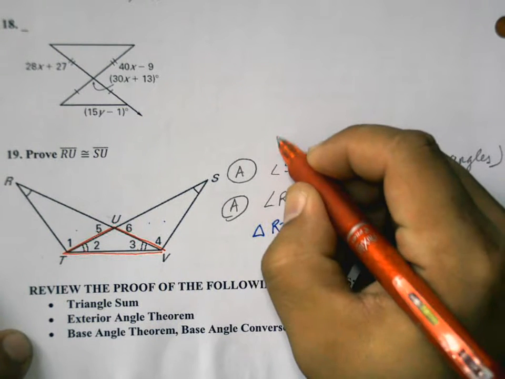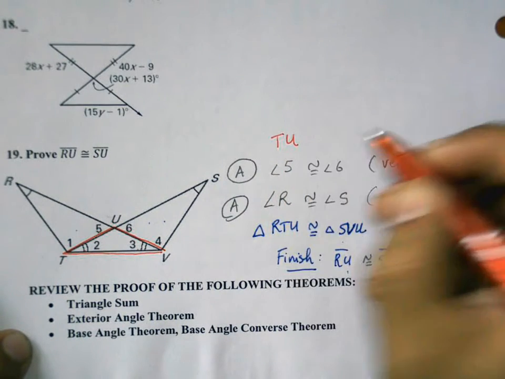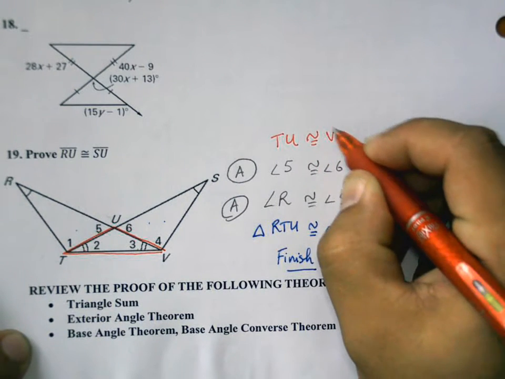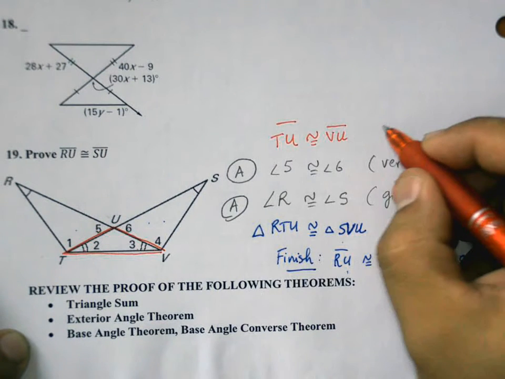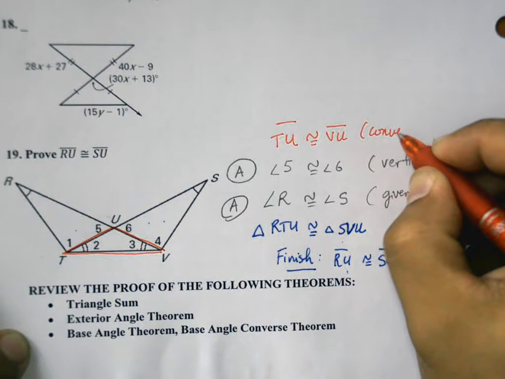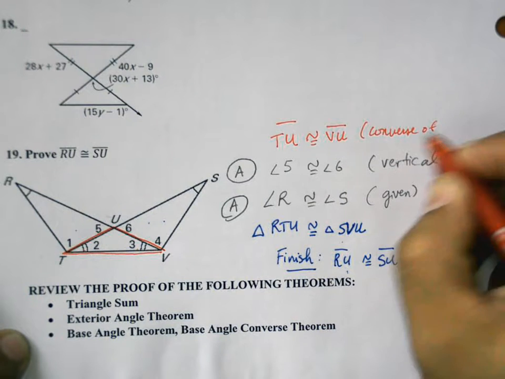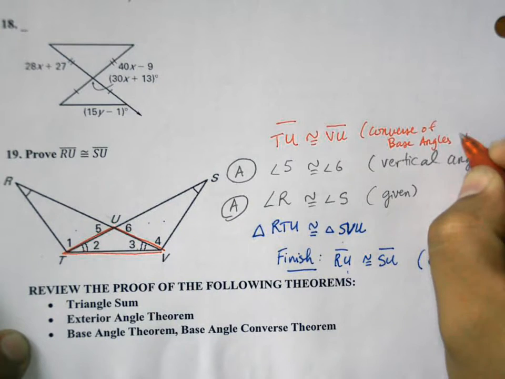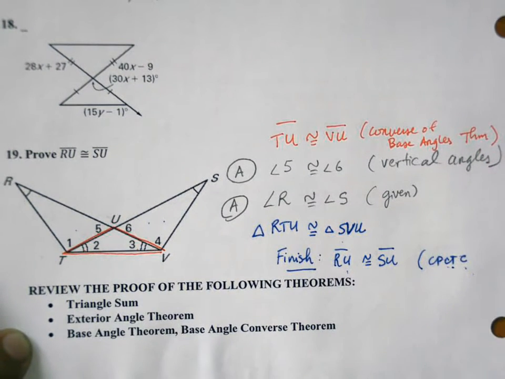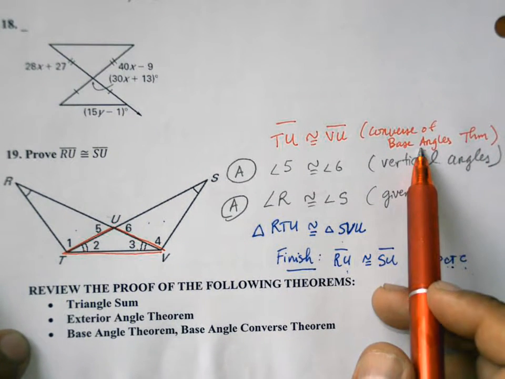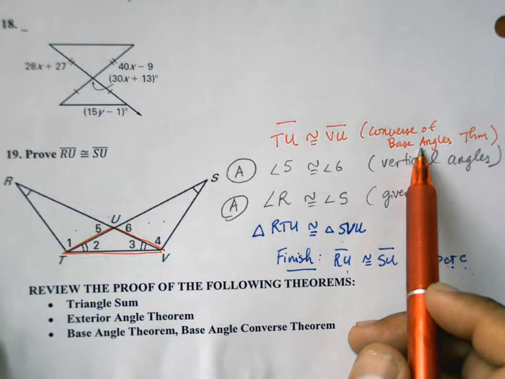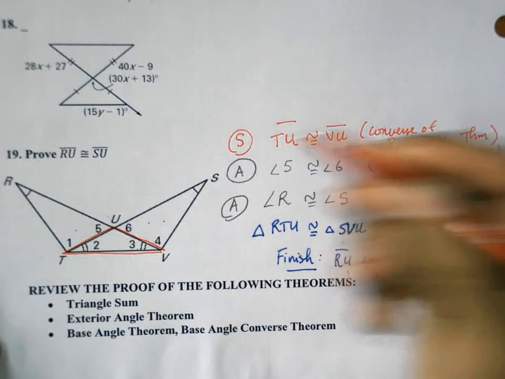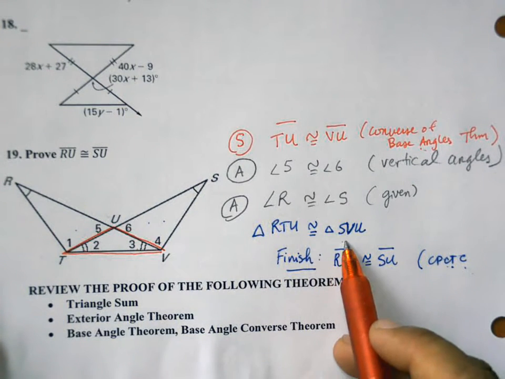So I can say that TU is congruent to VU, and this is the converse of base angles, or the base angles converse theorem. If you're not familiar with these theorems, you should look back into your notes. We definitely discussed them and we proved them. So this is an S, a side that I get here. So this triangle here is congruent.